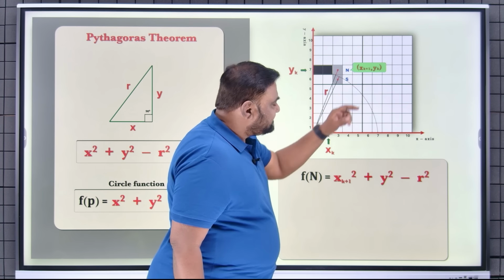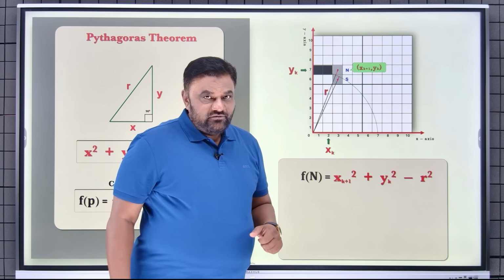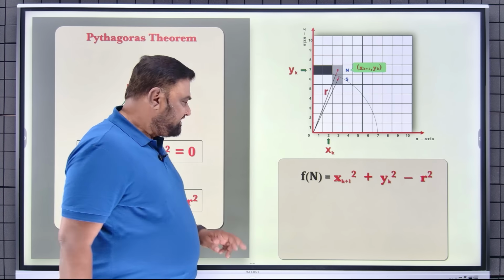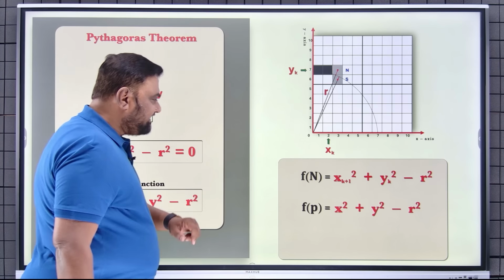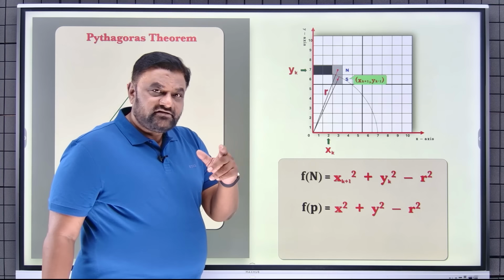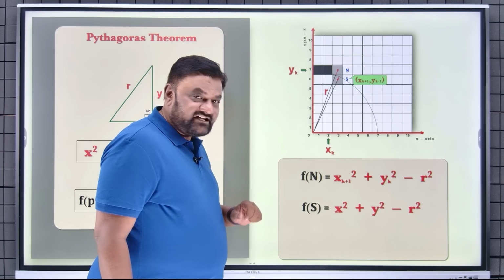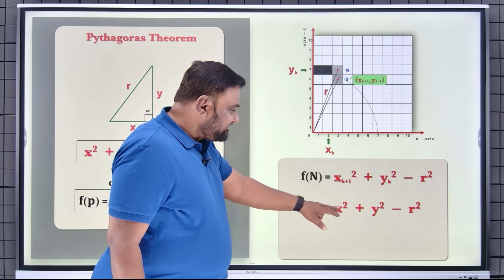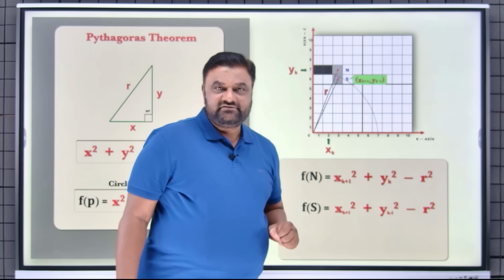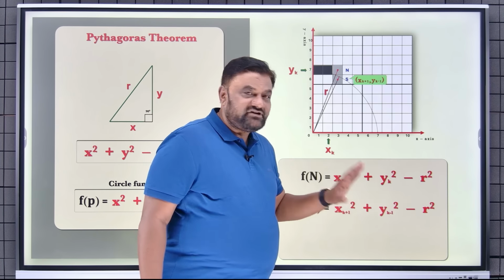Then y remains the same, so it will be just yk. Now we need it for the southern pixel also. Let us bring this Pythagoras function and take the southern pixel. What is that? xk plus 1, yk minus 1. I am substituting: this is xk plus 1, and this is yk minus 1. So I have substituted this.